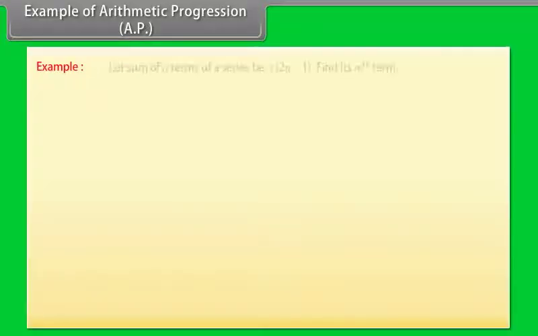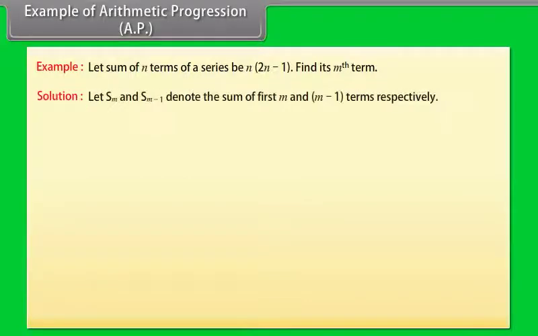Example of arithmetic progression AP. Example: let the sum of n terms of a series be n into 2n minus 1. Find its mth term. Solution: let Sm and Sm minus 1 denote the sum of the first m and m minus 1 terms respectively.